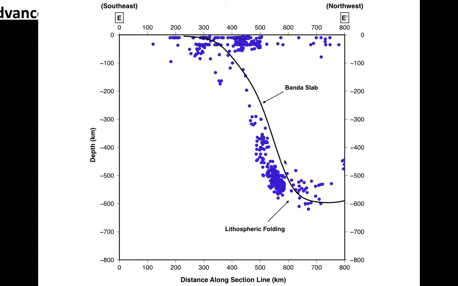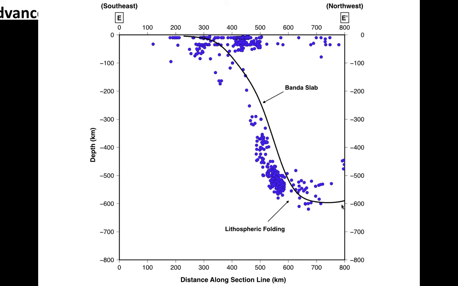So what we can see here is essentially a synformal lithospheric fold that has developed. This is due to slab rollback into the Jurassic embayment, fairly fast convergence rates, as well as lithospheric delamination.